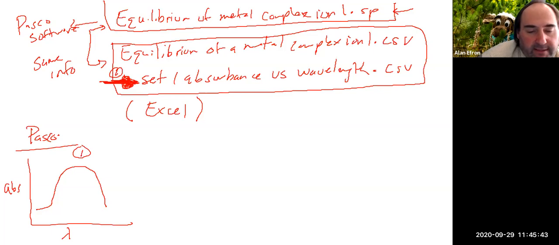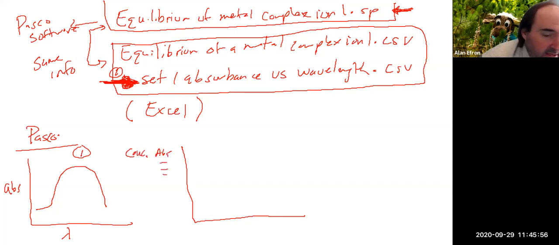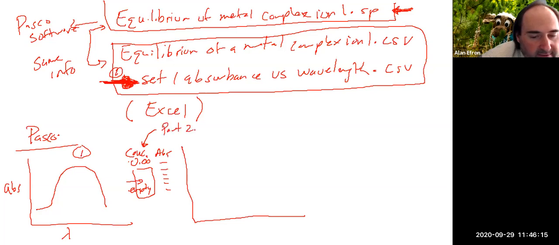You will also see in the Pasco software, when you open the same file, a graph that will come up like this, and they will say something like concentration and absorbance, and there'll be some absorbance values. And this part here, this will be empty. And what that means is you need to do the calculations and figure out the absorbance values. This is for part 2A test tubes.